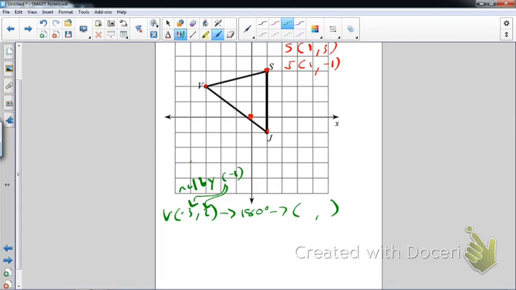Okay, I know it's kind of weird to understand, but I'm going to take my x, as you see here, this is my y, I'm going to take my x, I'm going to multiply it by a -1, and then I'm going to put it for my y.